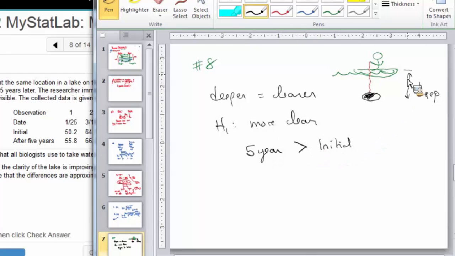Right? More clear means can see further. So our initial was the first mean. This is how we listed it. So that's mu1 minus mu2 is negative. The distance has increased, so the difference is negative.